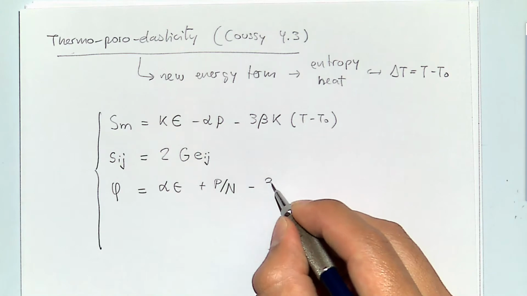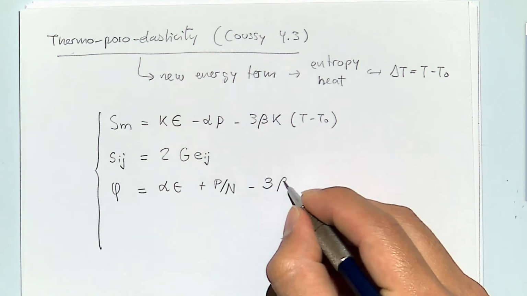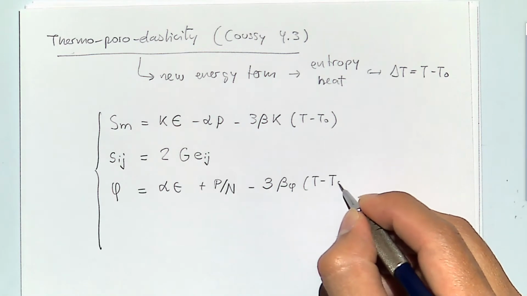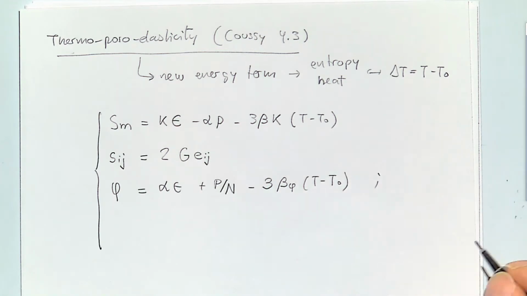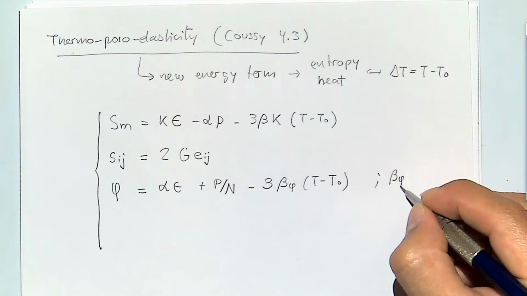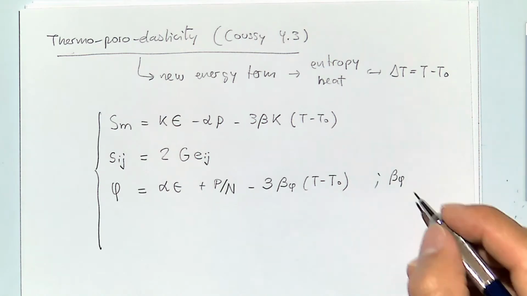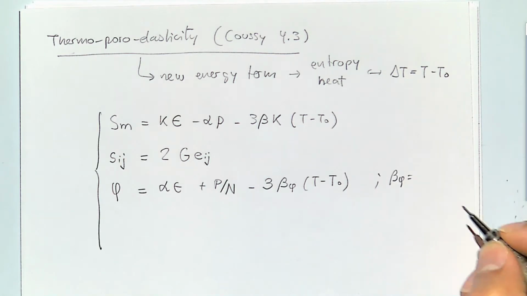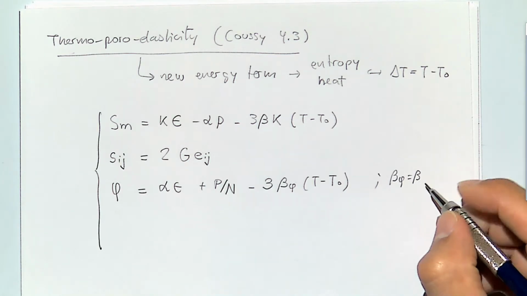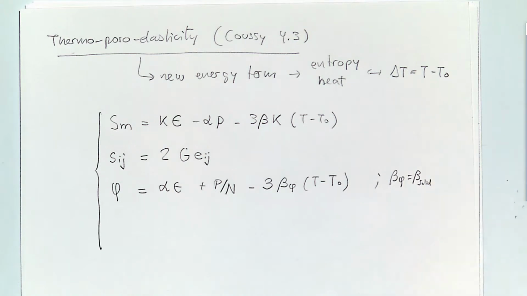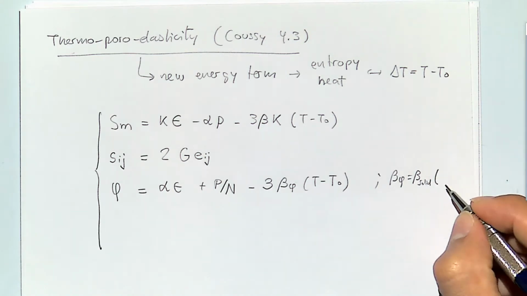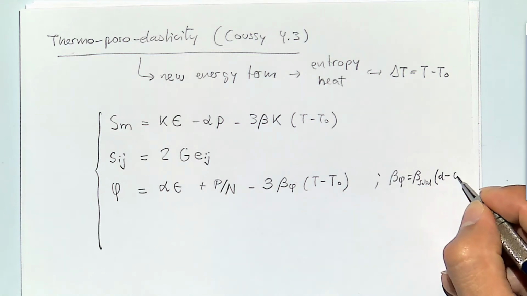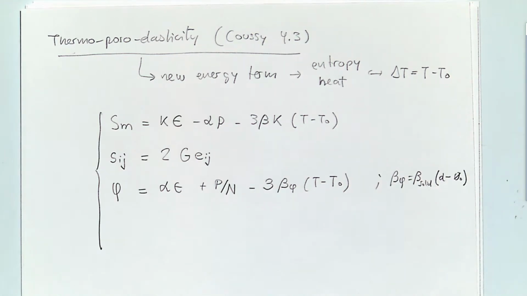So here we're going to have an additional term that depends on change of temperature, where this term beta phi, or beta porosity, is going to be the beta of the solid part times Biot coefficient minus initial porosity.